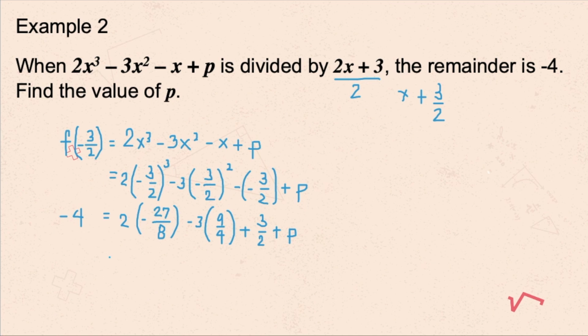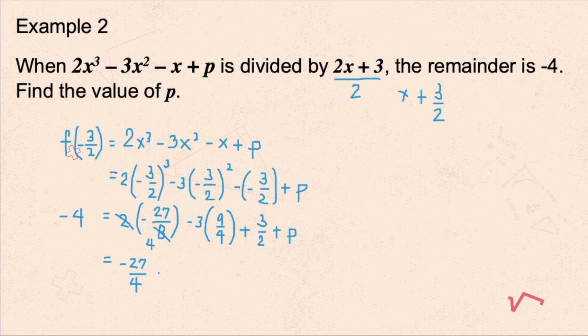Now, evaluating the operations, we can cancel when multiplying 2 times negative 27 over 8. The 8 will be cancelled, it will be 4. Then the 2 will be 1 or cancel out. So 2 times negative 27 over 8 will be negative 27 over 4.